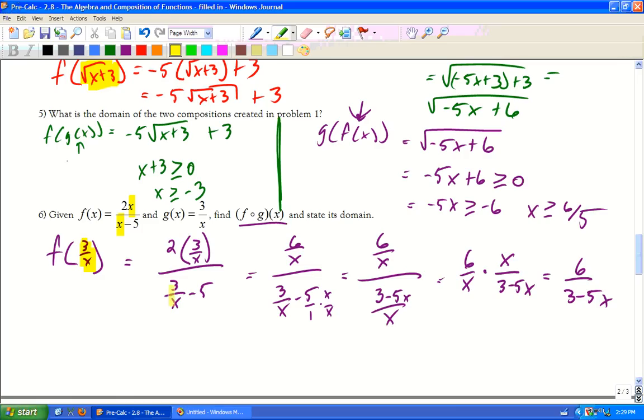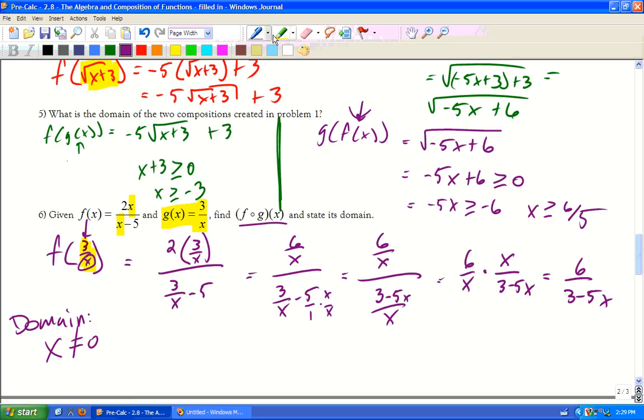The question remaining in this problem is a little bit more tricky. We have to take a look at f of g of x. What is the domain of g of x? Because that's what we're inputting right here. Excluded from our domain is going to be that x equals 0. In this case, for our domain, x cannot equal 0 because we'd be dividing by 0 within the function g of x, which is our input.